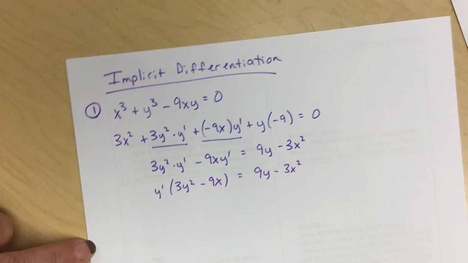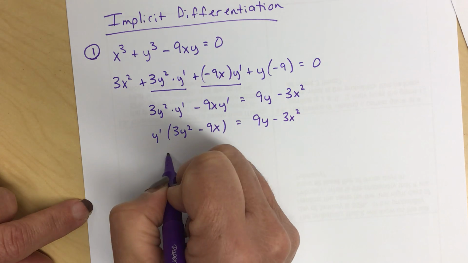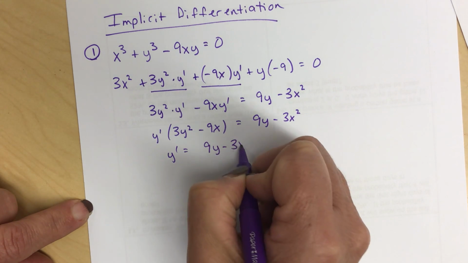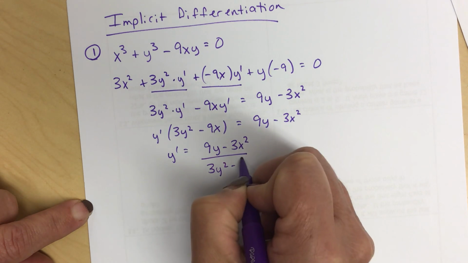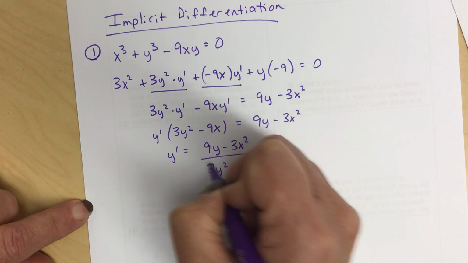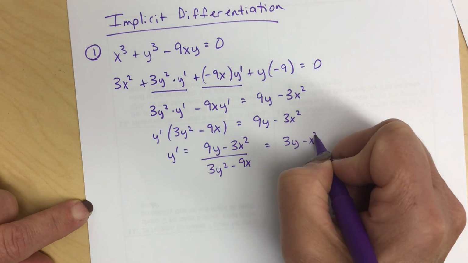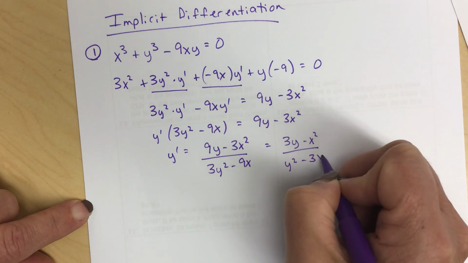And we could divide by 3 here, I'm just going to do it at the end. So then I'm going to get y prime alone by dividing. So 9y minus 3x squared divided by 3y squared minus 9x. And then divide everything by 3, giving me 3y minus x squared over y squared minus 3x.